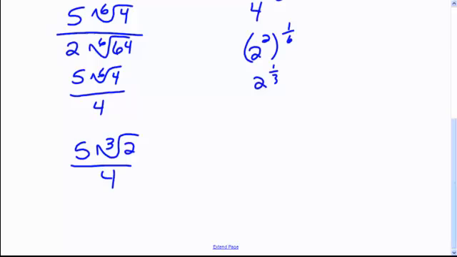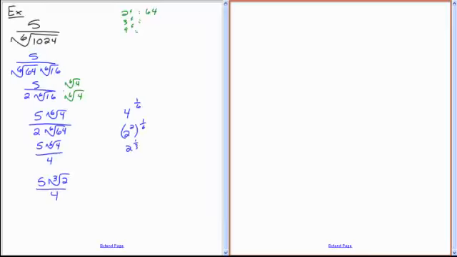I'm going to do this one more way. So we have 5 over the 6th root of 1024. Just because this next one I'm going to show you might look simpler, it's not always simpler. You may have to try some things, a little bit of trial and error to see what's going to make this as easy as possible.